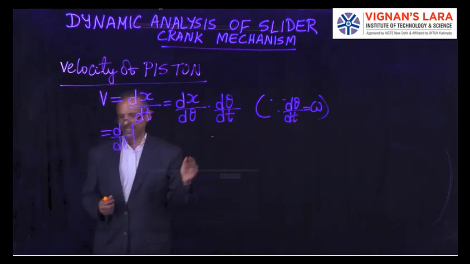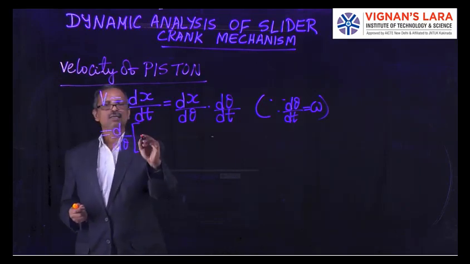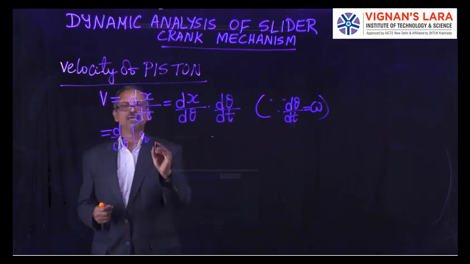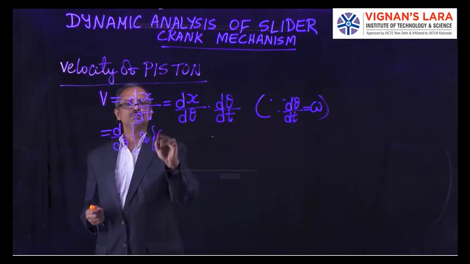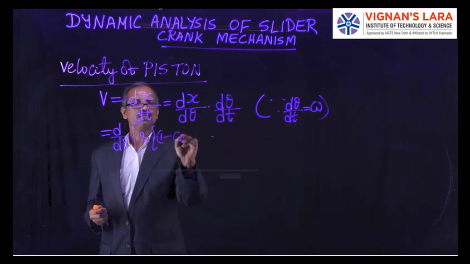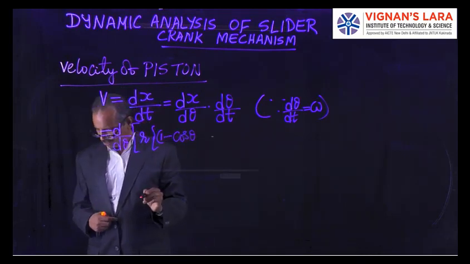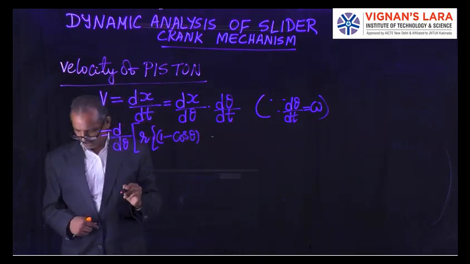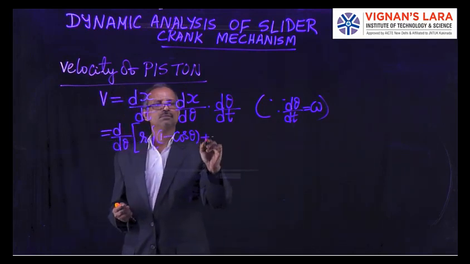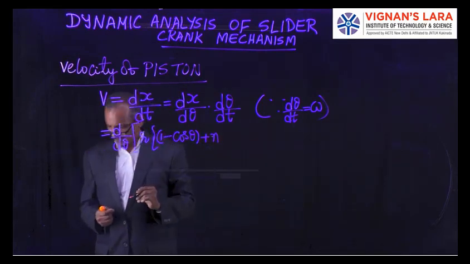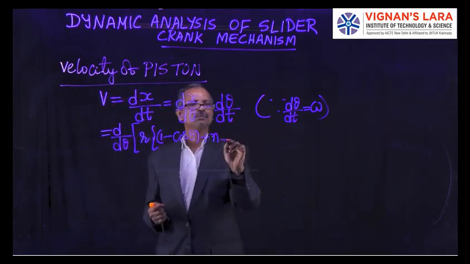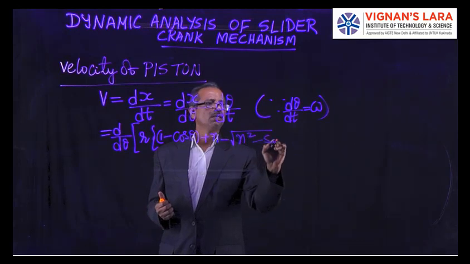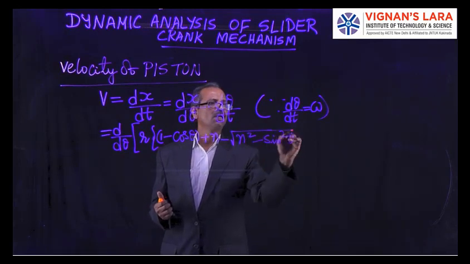Just now we have written the x equation, without simplifying, as it is: r into 1 minus cos theta plus n minus root over n square minus sine square theta.